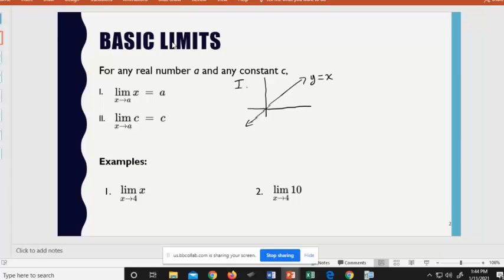And so what we're saying is, as x approaches A, let's say here's A, that the limit is also A. Does that make sense? Because your x and your y are equal to one another.